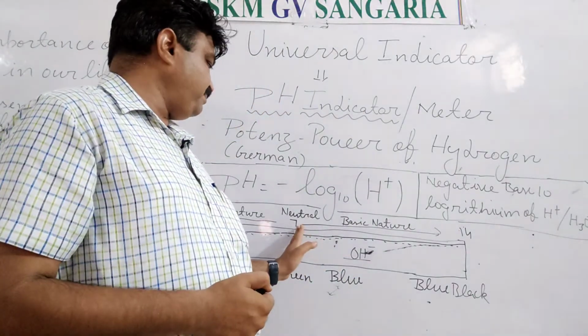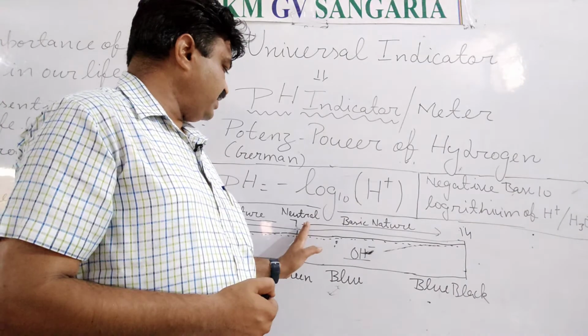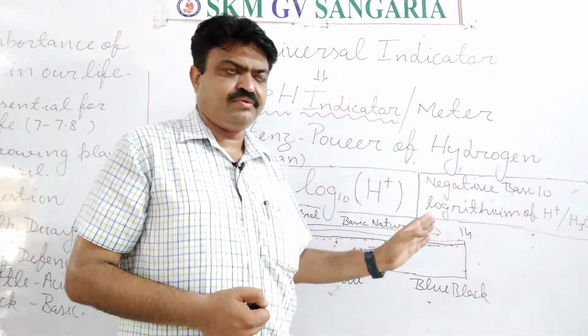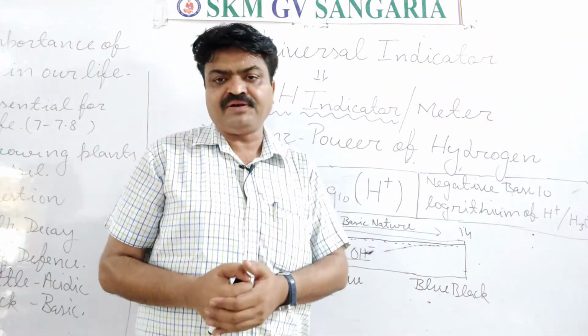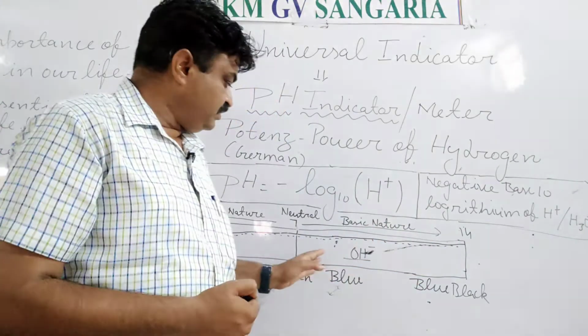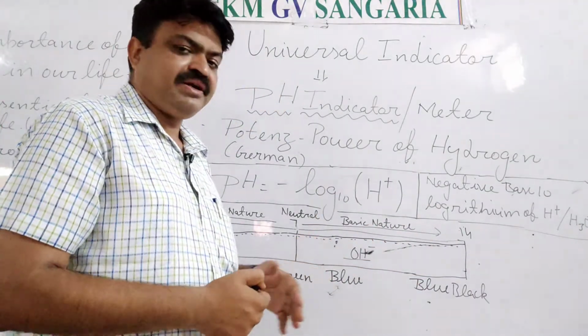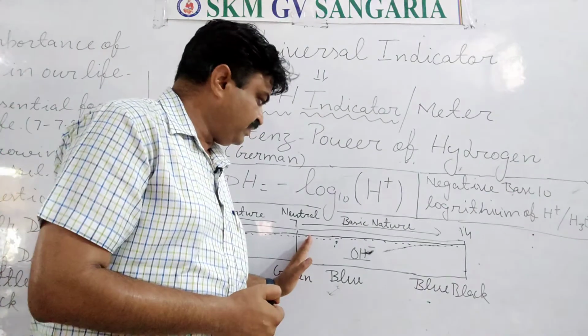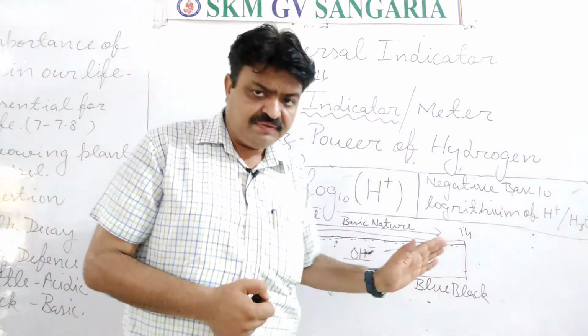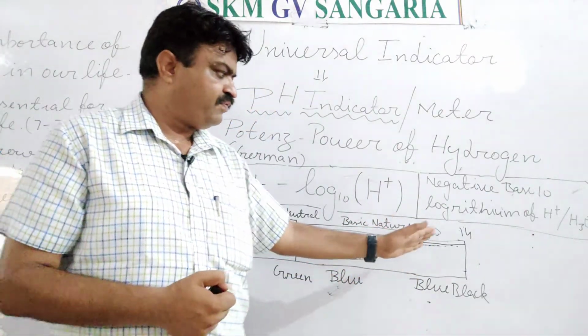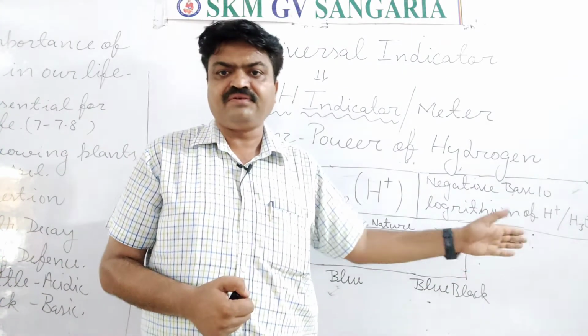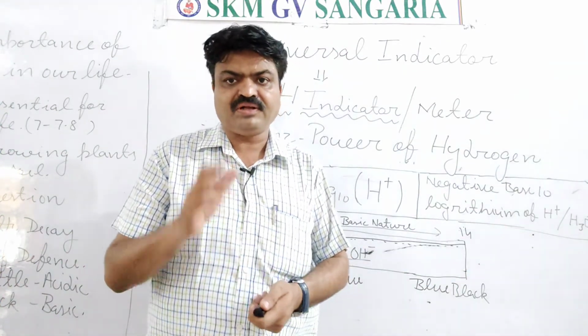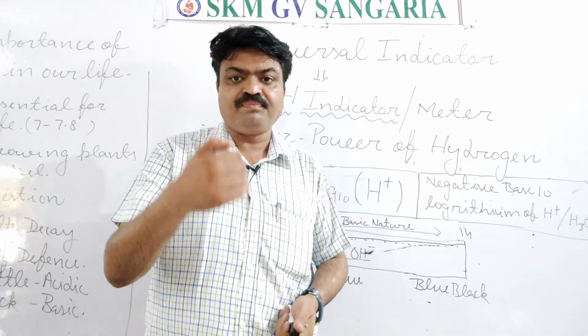Like this, if the pH is around 7.1, 7.2, 7.3, 7.4, it means the particular chemical substance is a weak base. If the pH is around 13, 14, student, it means the particular chemical substance is a strong base.